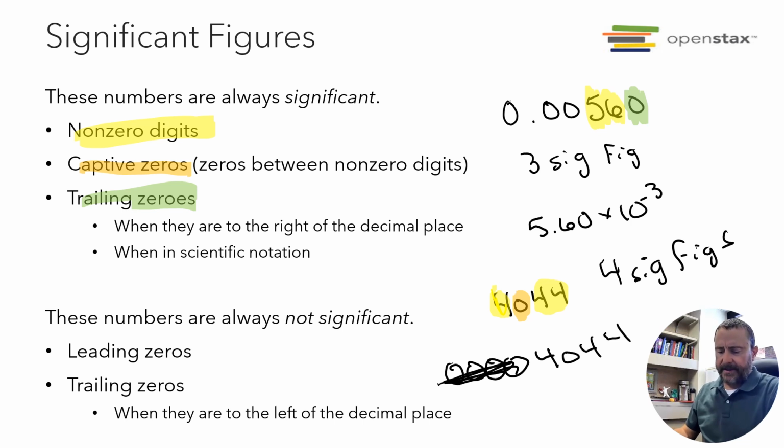Now, trailing zeros, when they're to the left of the decimal place, also aren't significant.